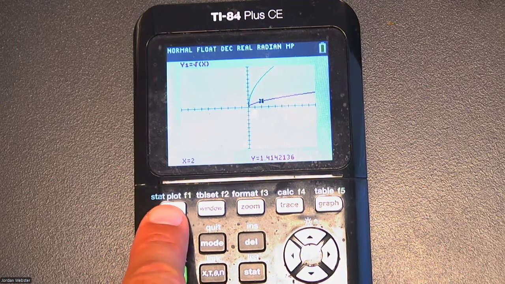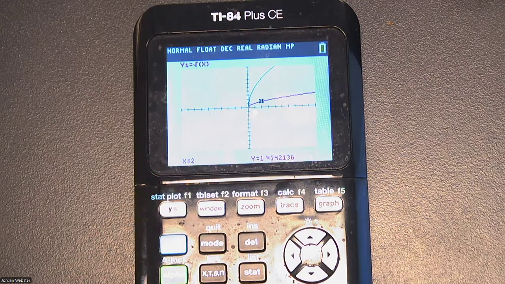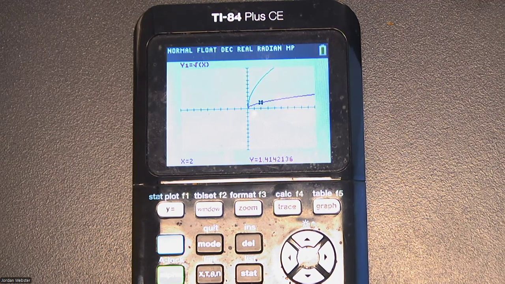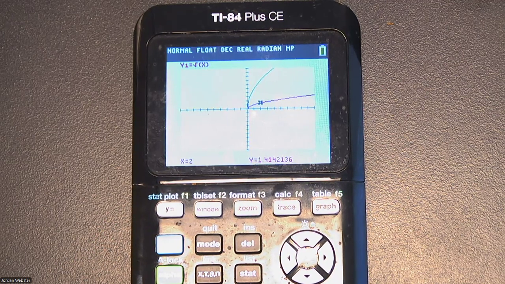You might have stat plots turned on. Make sure you don't have any stat plots on. If it says invalid dimension, that's probably more of a stat plots error. So make sure those are all off. But it should still graph the same way. There it goes. Because I didn't have a stat plot. Okay. Thank you. No problem.